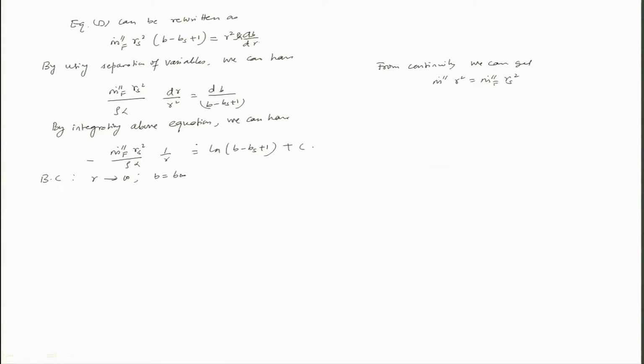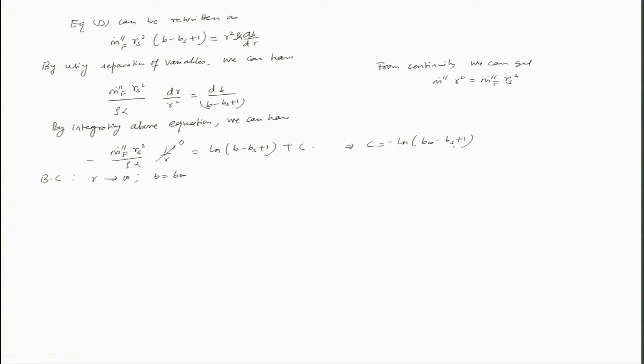That means, in this equation, if R is equal to infinity, what is happening? This will be 0, right, and C will be what then? C will be ln B infinity minus Bs plus 1.